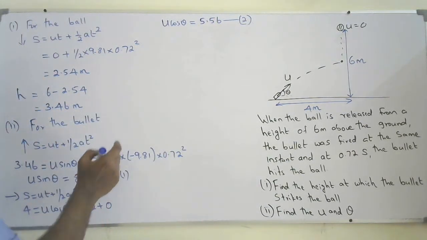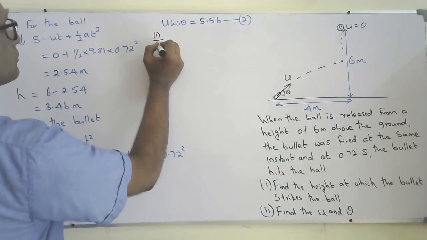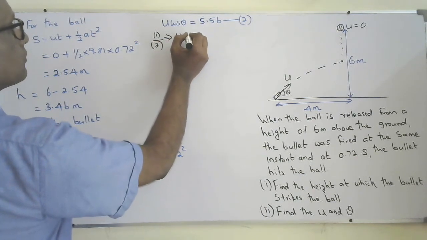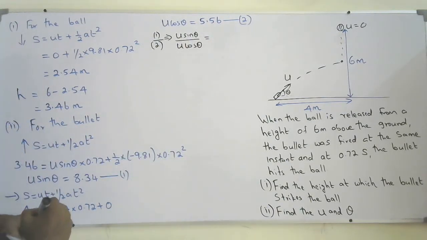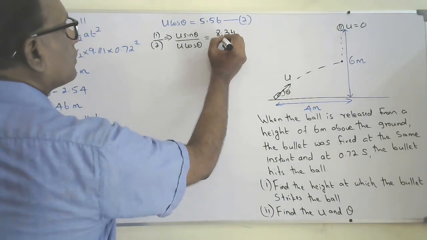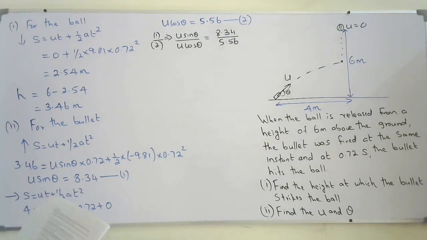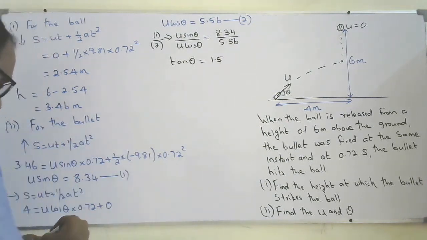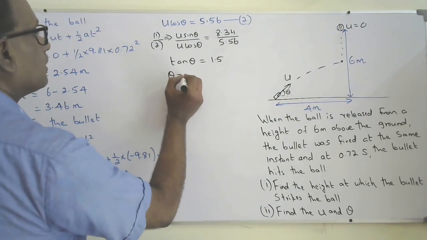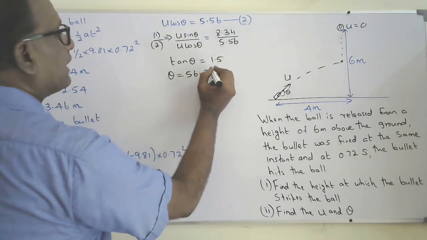So divide the first equation by the second equation. That will be 8.34 over 5.56. So u and u will get cancelled. Tan theta will be equal to 1.5. From this, we can find theta, that will be equal to 56.3 degrees.